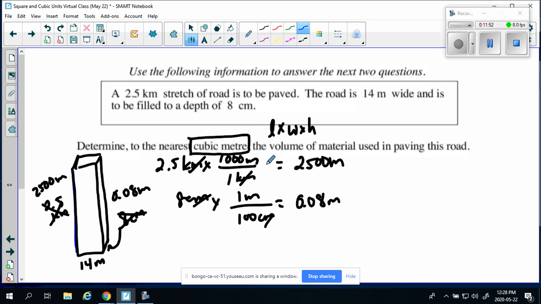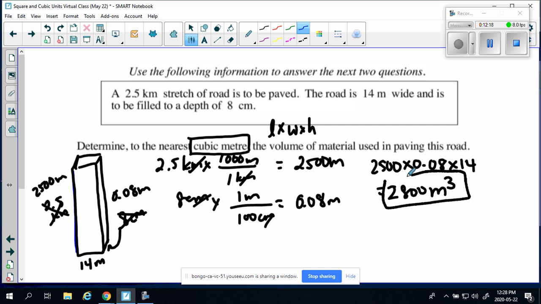And if we had gone into centimeters, we would have had to do an extra amount of work at the end. But because they're all in meters, life is good. So 2,500 times 0.08 times 14. And we're looking at 2,800 meters cubed. So 3 meter units means that there's going to be meters cubed at the end.